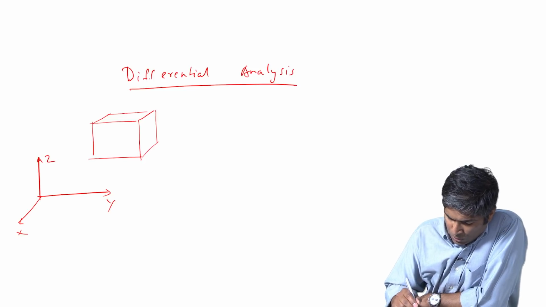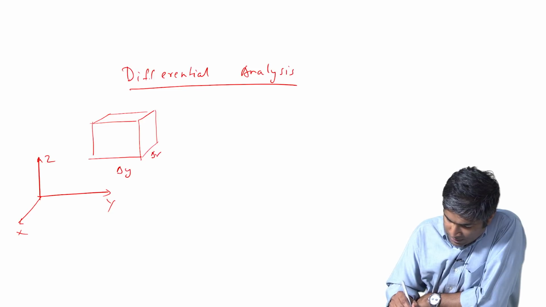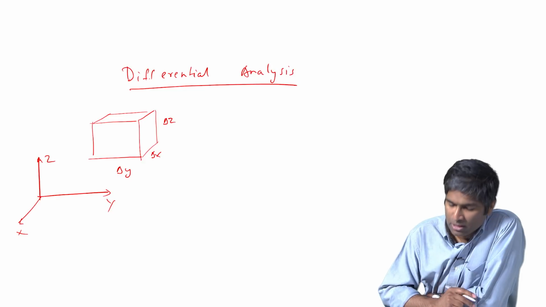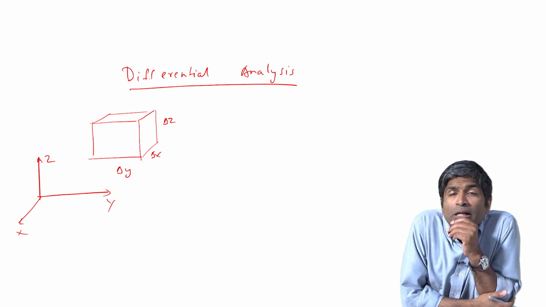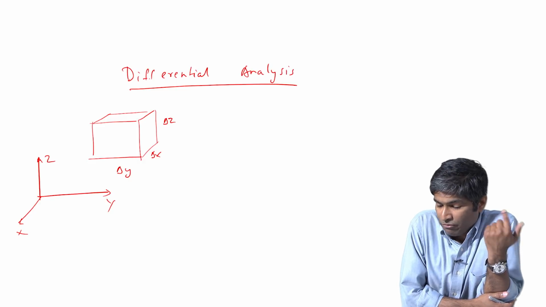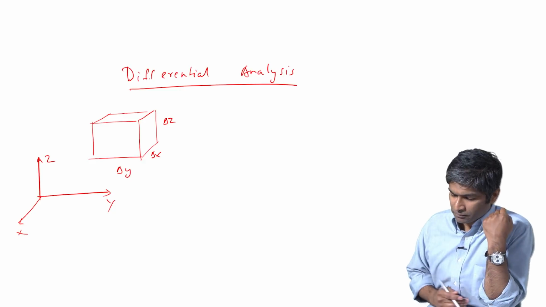So let my control volume have dimensions delta x, delta y, delta z, and I now want to express my, let's say we'll start with mass conservation.